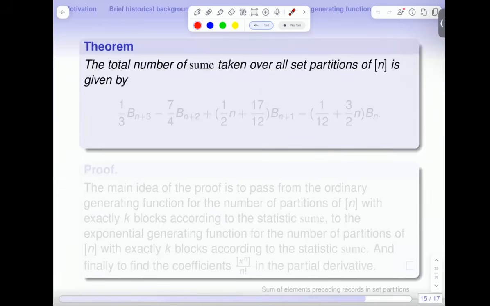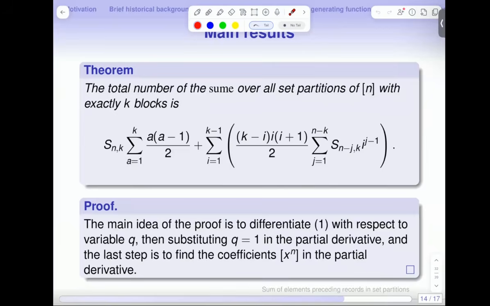Note that a natural way to obtain the total number of sum of elements over all set partitions of n is to sum this term over all possible values of k.